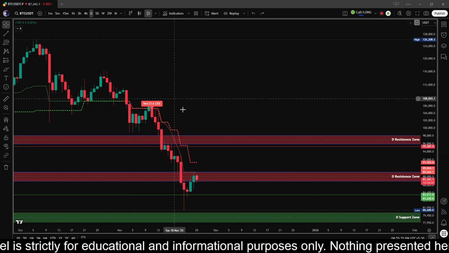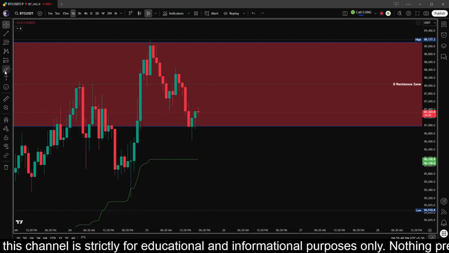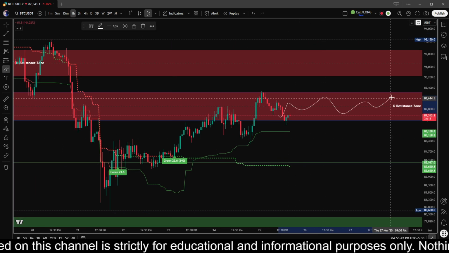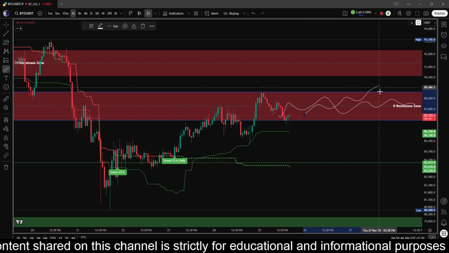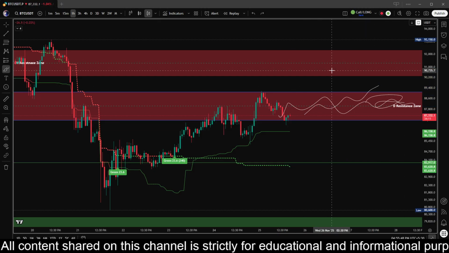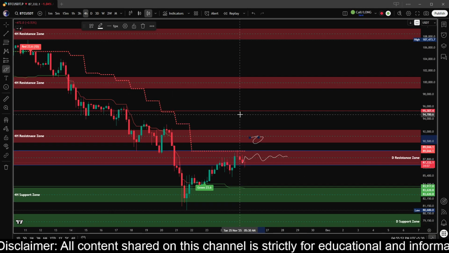So the main thing is it's in consolidation inside the daily resistance zone, and once price successfully breaks the resistance of this daily zone, then it will get another resistance here with this 4 hour. So yeah, that's all I have for now.